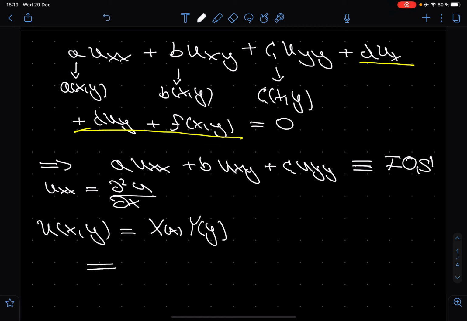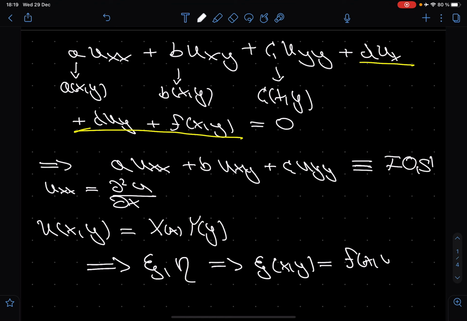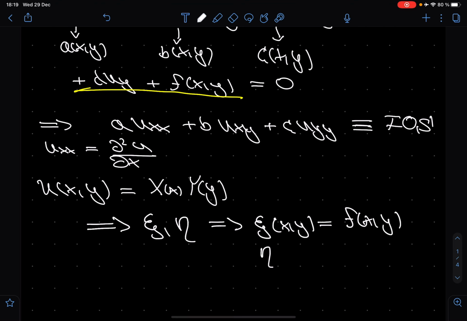So you're searching for new coordinates which depend on x and y. Let us name them xi and eta, because it's the next letters in the alphabet. So you're searching for those coordinates, which are actually functions of x and y.